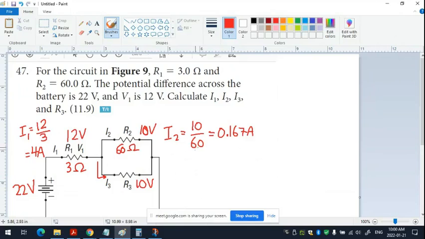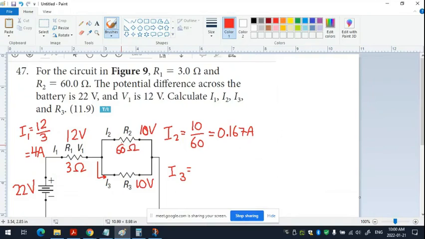So I2, because I divided the voltage of 10 by the ohmage of 60. Well, I'm sorry, no, 60 is given. Ali, tell me how we found out that this is 10 volts.